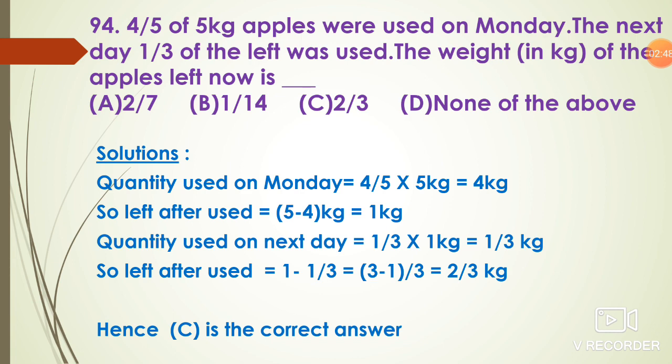So the remaining amount is 1 kg. So quantity used the next day will be 1/3 into 1 kg, that means 1 by 3 kg. So left after use on the second day is 1 minus 1 by 3, that means 2 by 3 kg. Hence C is the correct answer.